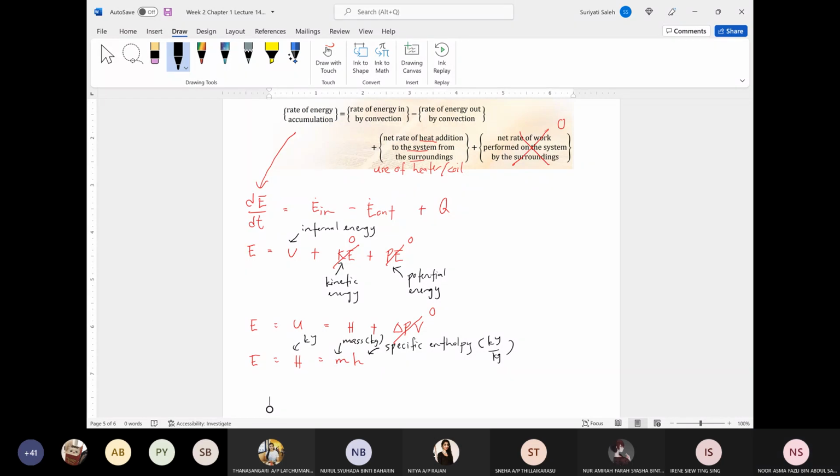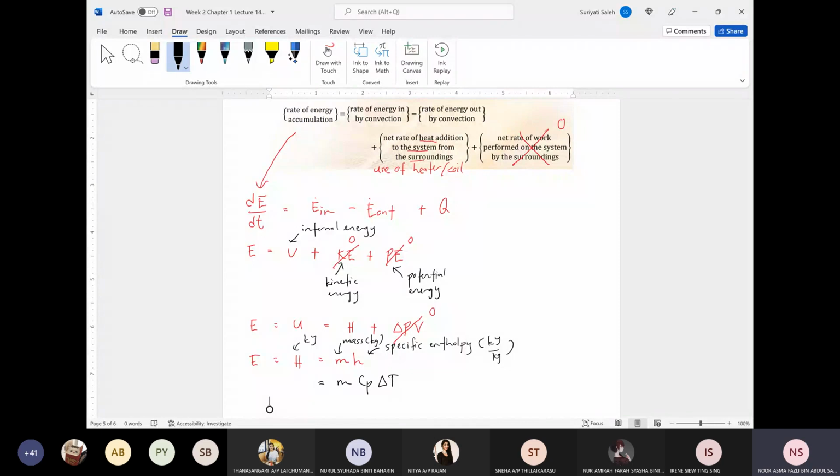So based on the specific enthalpy here, it can be further extended in the form of the heat capacity, mCp delta T, like what you learned in the material and energy balance subject.